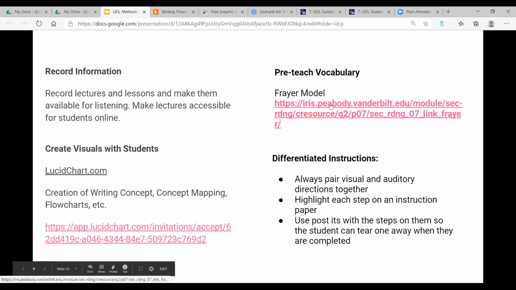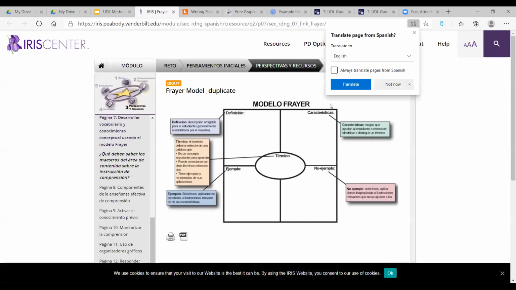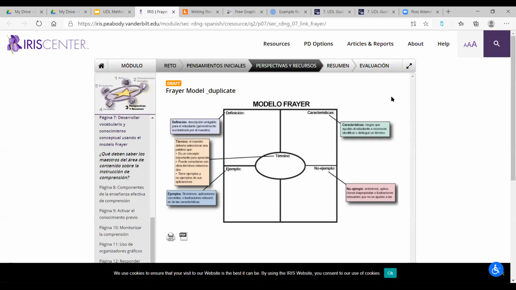Another one is the Frayer model. When we talk about pre-teaching vocabulary, even at the secondary level, I think it has one of the highest impacts that you possibly can use, especially when you're talking about vocabulary for reading or whatever. The IRIS Center has some really strong modules. Obviously, I've pulled up the Spanish one, but it's the same thing.